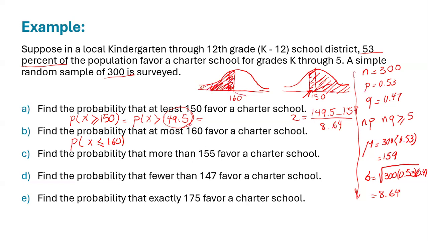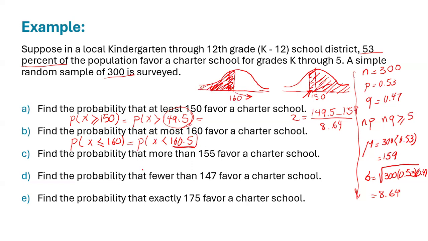So the total area must be from the very left side to 160.5, which is 0.5 after 160. Now you convert this point to Z and find the area from the table.